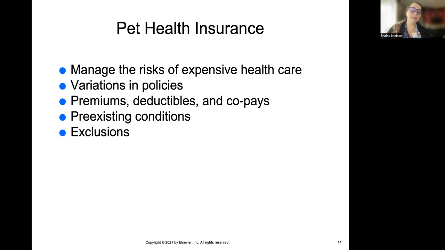That's the really crummy part about pet insurance. You have to have it before the bad things happen, which is why we recommend owners get it for their patients as soon as possible. When they're puppies and kittens, it's the best time to get it. There are no pre-existing conditions, and therefore everything moving forward should be covered by the insurance.